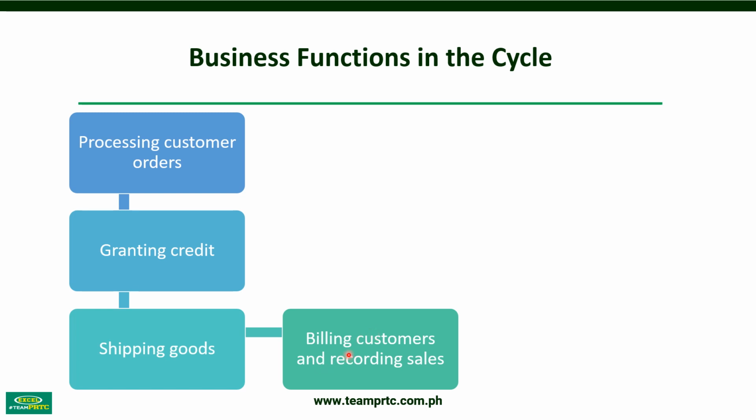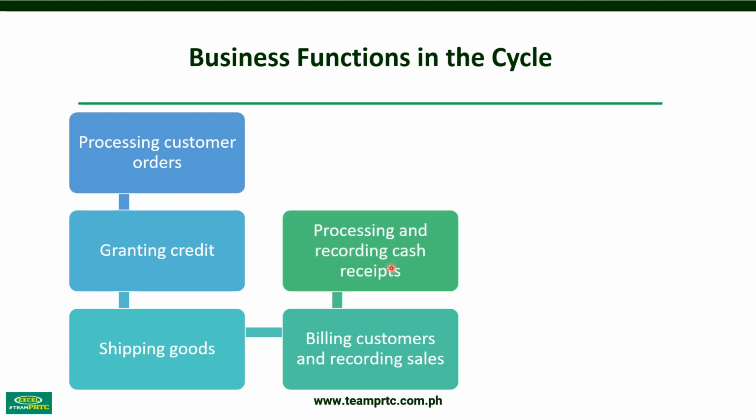So we'll discuss that later, yung mga difference ng mga documents. So after billing the customer, the next step is to process and record cash receipts. So enter our second class of transaction. So the second class of transaction is collecting cash from customers. Kasi remember, these first four transactions or business functions belong to the first class of transaction, which is the sales process.